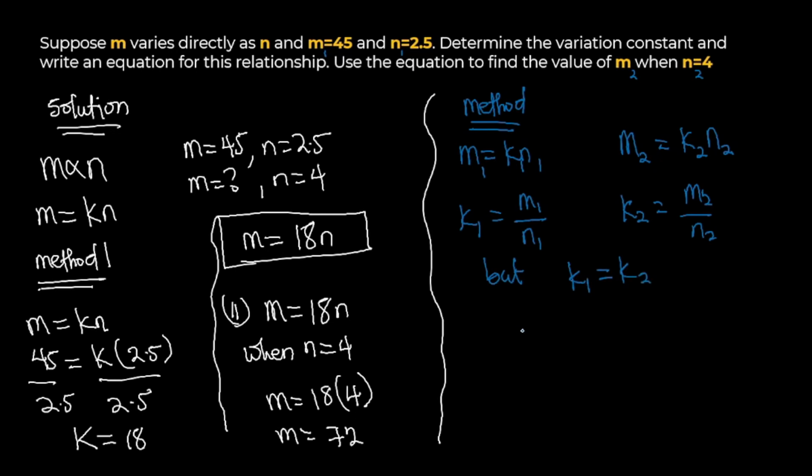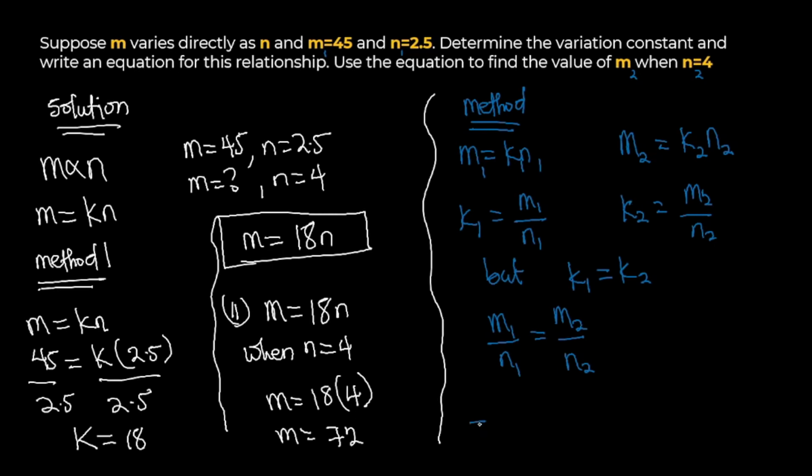If this statement is true, it means we have m1 on n1 is now equal to m2 on n2. So this is the relationship between these two variables that we have, m1 and then n1, as well as m2 and then n2. So from here, we simply do the substitution of the values that we have over here and we find our m2.